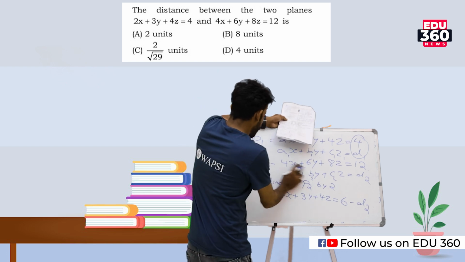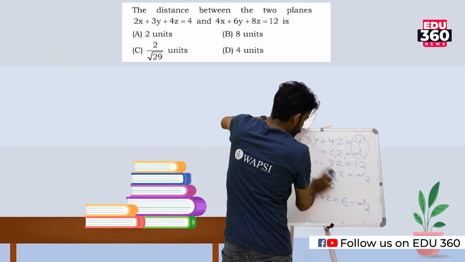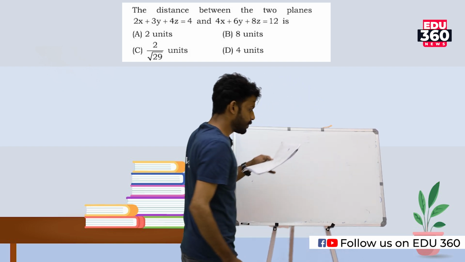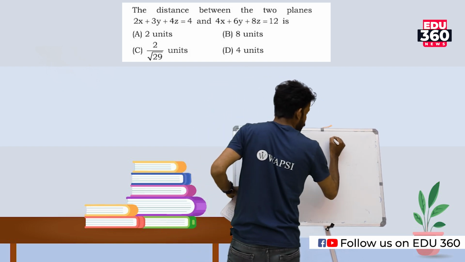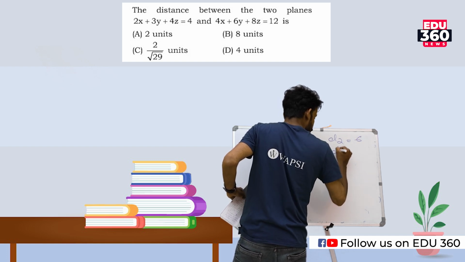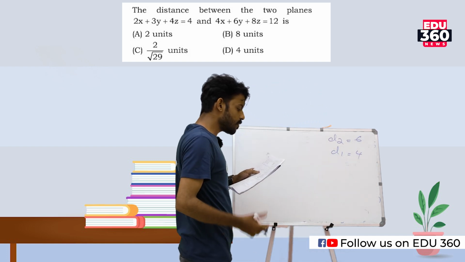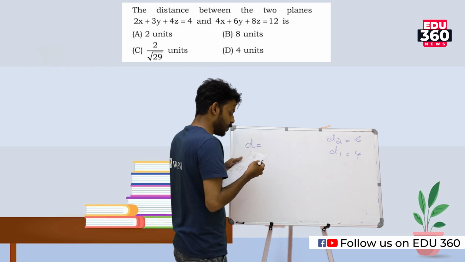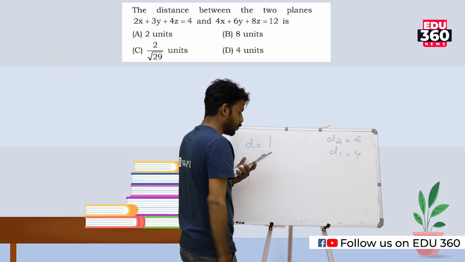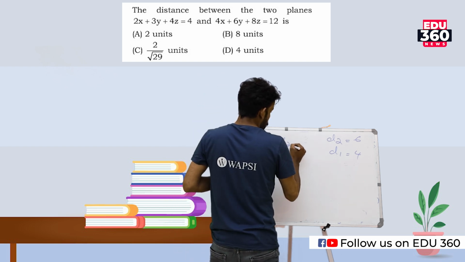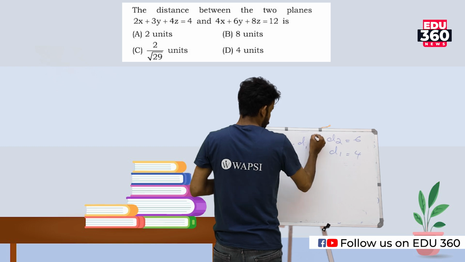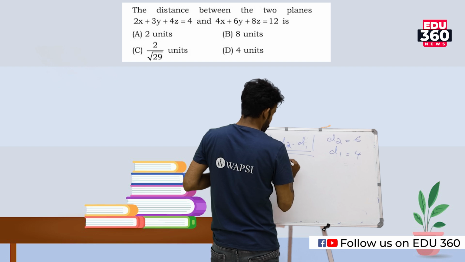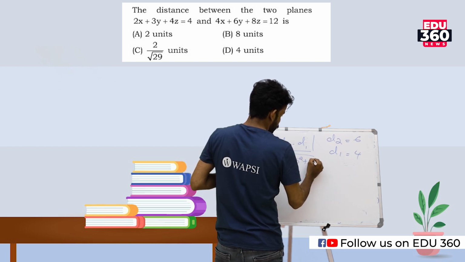So here we can find the distance between the planes. We know that d2 is equal to 6 and d1 is equal to 4. The distance between the two planes, d, is equal to the modulus of (d2 minus d1) divided by the root of a square plus b square plus c square.